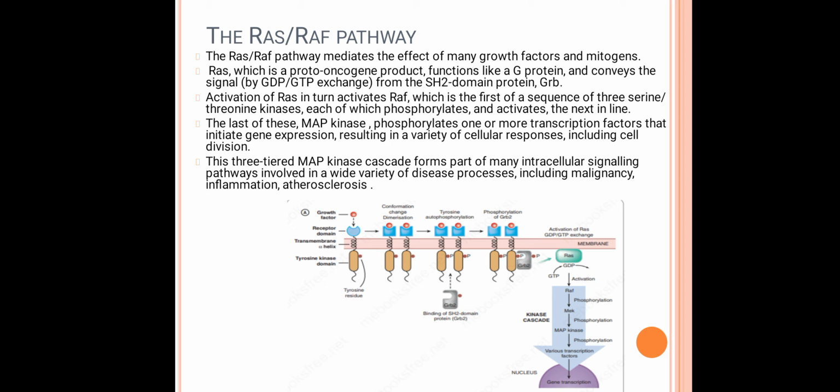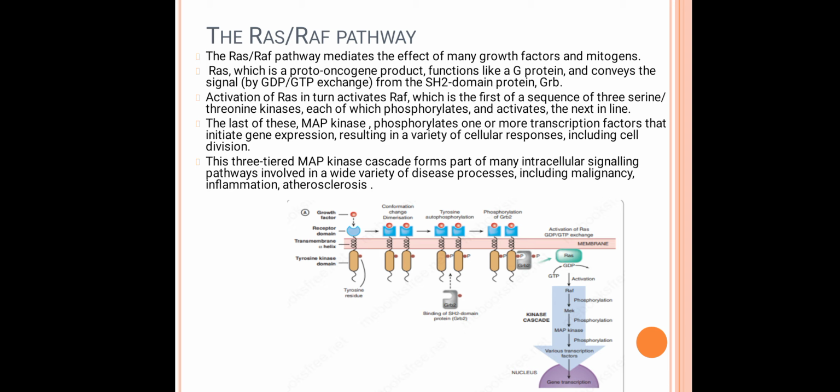Once RAS is activated, three serine threonine protein kinases will be activated. It's like a sequence, and these three proteins will be activated. So these are RAF, MEK, and MAP kinase. These three proteins will go inside the nucleus and they will promote gene transcription.